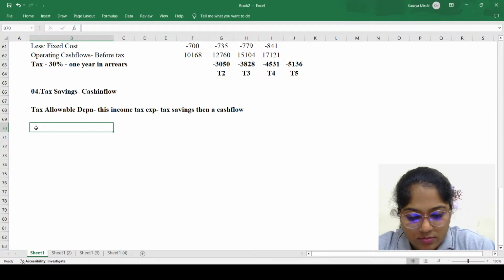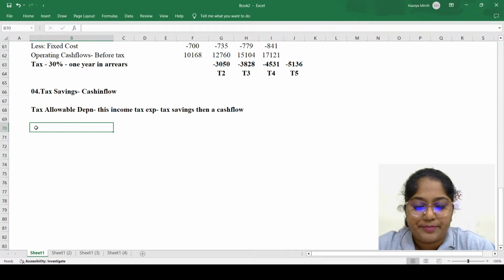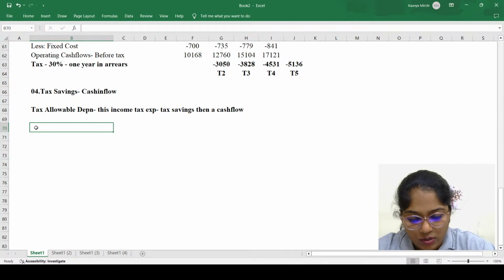No, not at all. Okay. So, how does the tax allowable depreciation work, everyone?